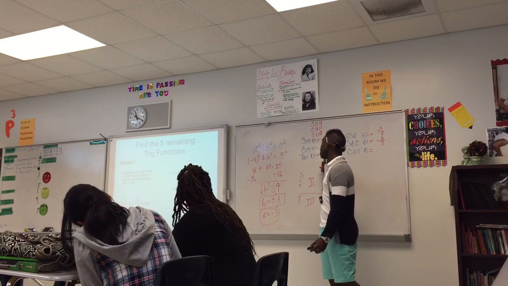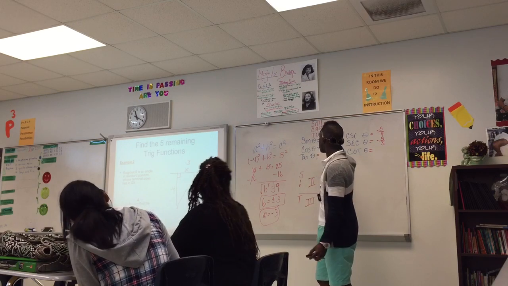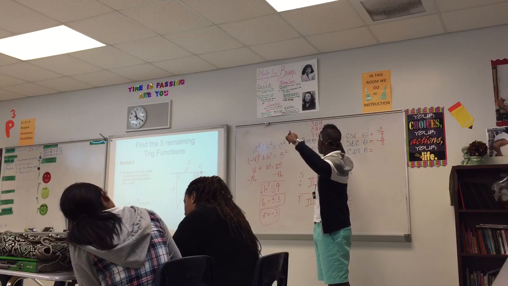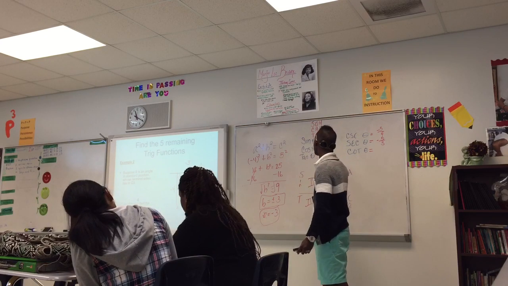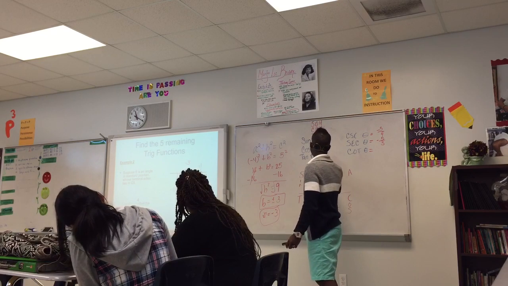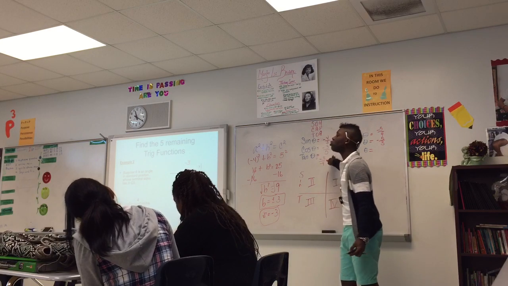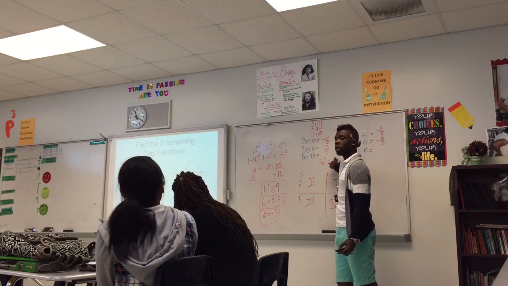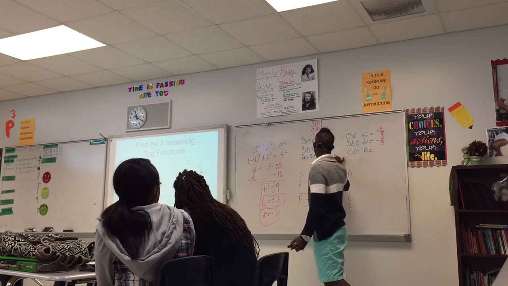What is tangent of theta? Opposite over adjacent. So it's negative 3 over negative 4. And that translates to what? 3 over 4.